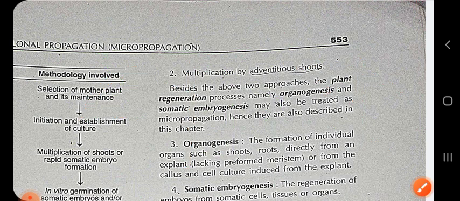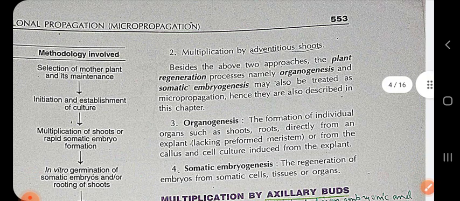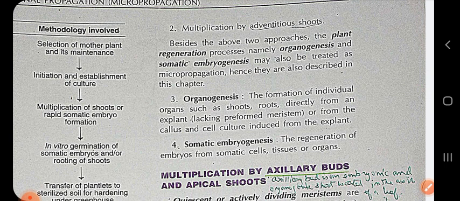Besides this micropropagation, there are also two other processes involved, like organogenesis and somatic embryogenesis. Organogenesis, as the name suggests, is where we are forming individual organs, like shoots and roots, directly from the explant, or from the callus and cell culture induced from the explant.